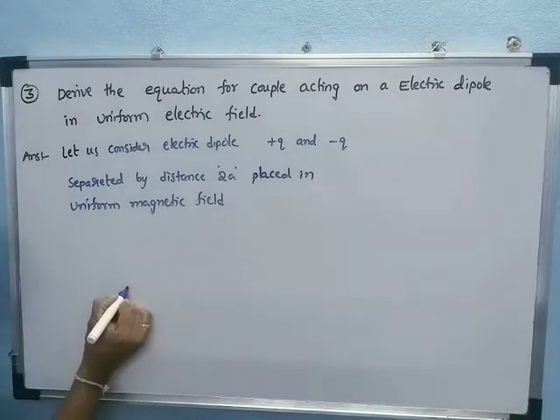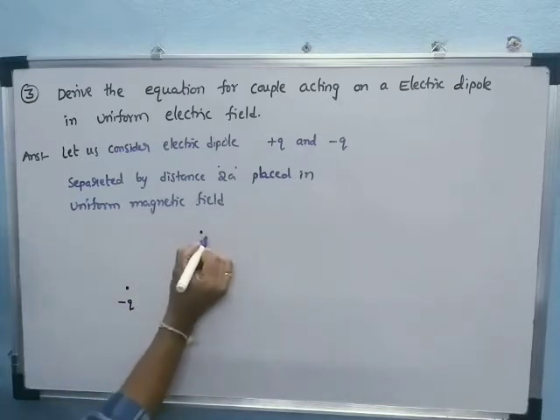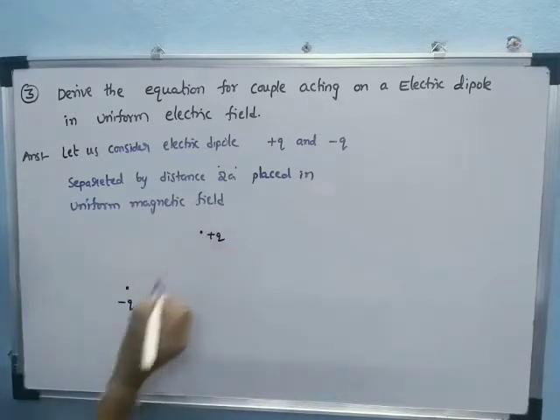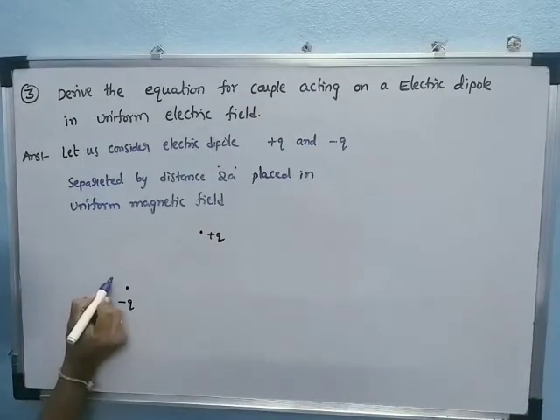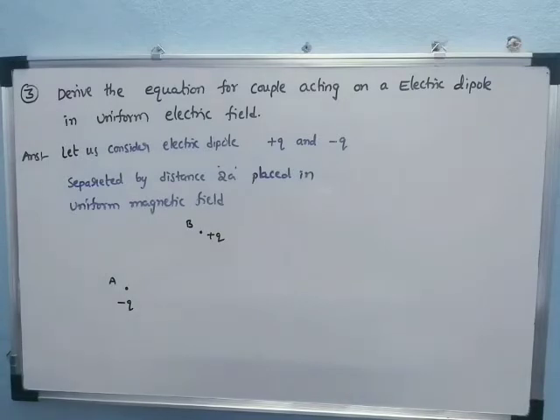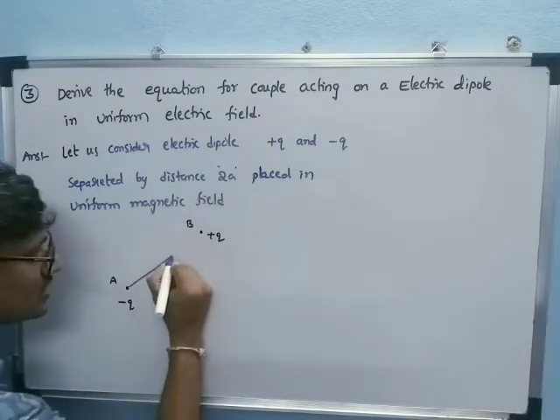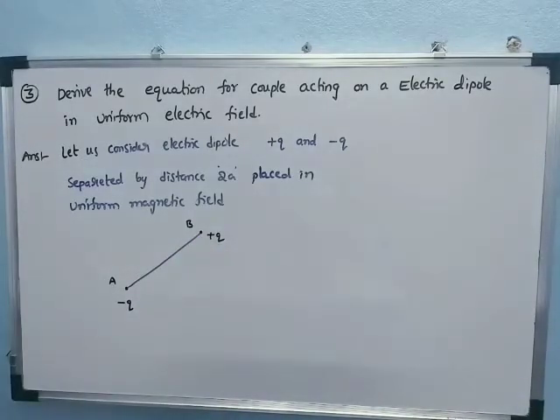It has the negative charge and the positive charge. Now the negative charge is placed at point A and the positive charge is placed at point B. These two charges are separated by the distance 2a.